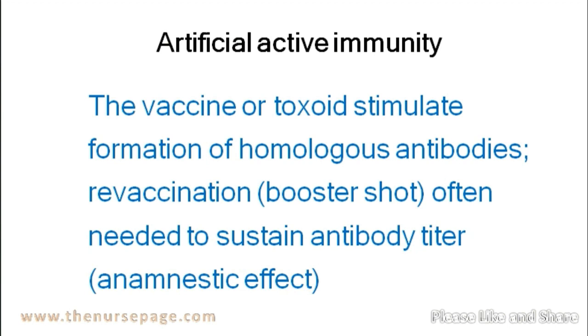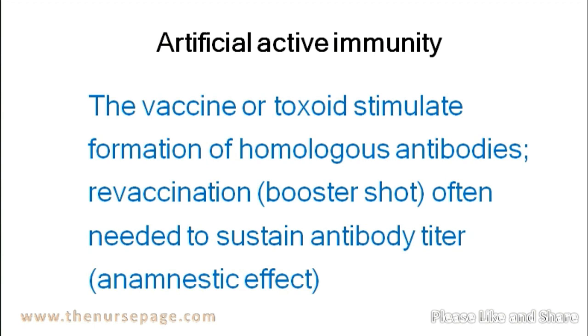To stimulate the antibody production, a vaccine, that is inactivated virus particles or its toxoid, will be injected into the body. So that will stimulate the antibody production. So in the next exposure with the same microbes, there will be already produced antibodies. So it will give immunity to that person.